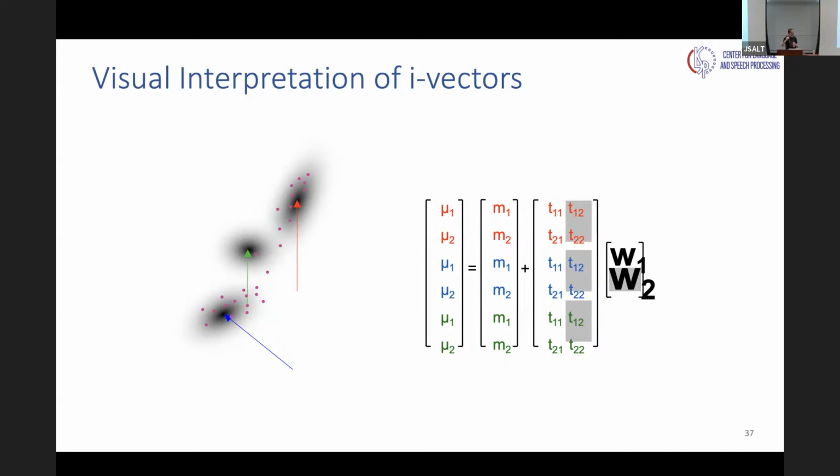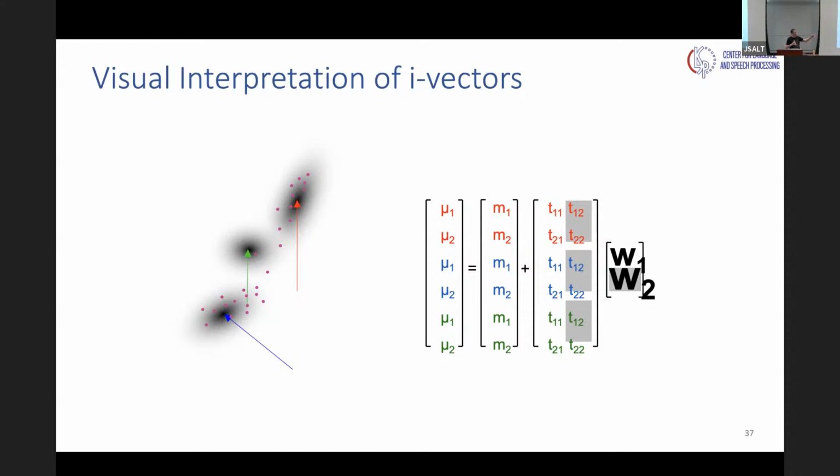Then for each new audio, given the T-matrix, once you have already trained it, you just fix it, and for each new audio you calculate the values W1 and W2, and that's actually what defines it.